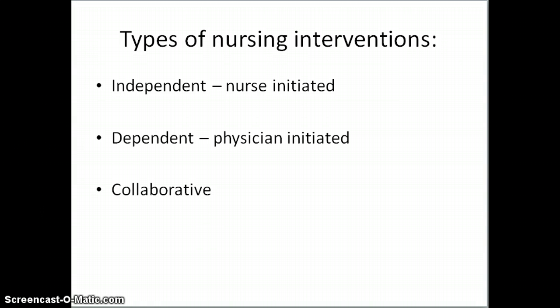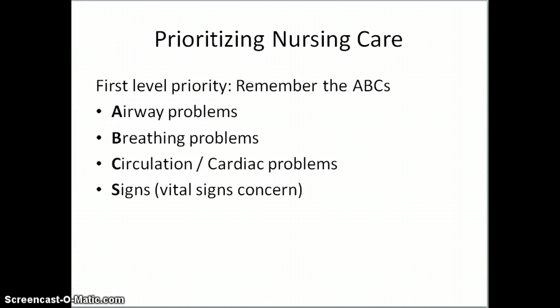Dependent, again, we have to have a physician write an order and allow us to do things, but then a lot of that is up to us to determine how often they might need a PRN pill for their pain or other things that go along with that critical thinking. And then again, the collaborative is working together with physical therapy and social work to give the patient the best outcome.